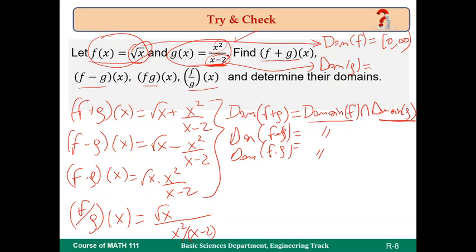So we remove 2 from all real numbers. So this is the domain. Now we intersect these two sets. So we intersect 0 to infinity with, okay, let's make it big parentheses here.